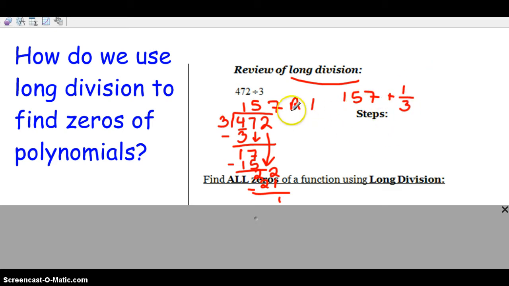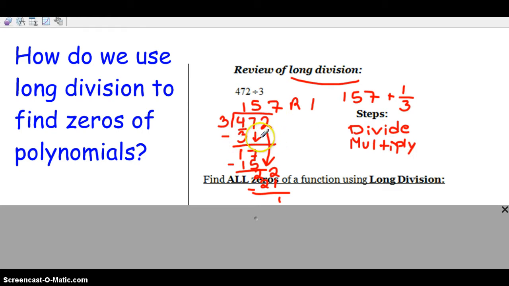All right, so my steps are to divide. And we're going to talk about dividing by the first term. Here we divided by our largest position, so we divided by the hundreds position. But we want to divide, and then we multiply. Once you multiply, you put your answers right underneath.